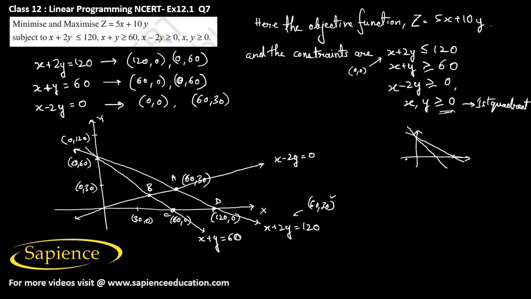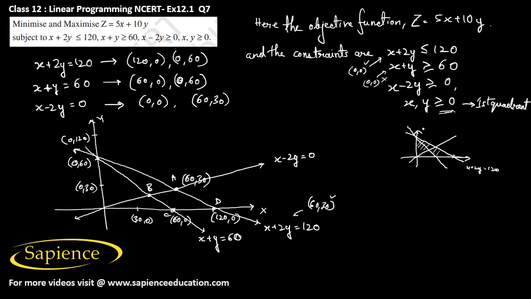So for x plus 2y less than or equal to 120, this is the region which contains the origin. So it means it will be this region. And for this straight line, 0, 0 will not satisfy. This will satisfy the origin.